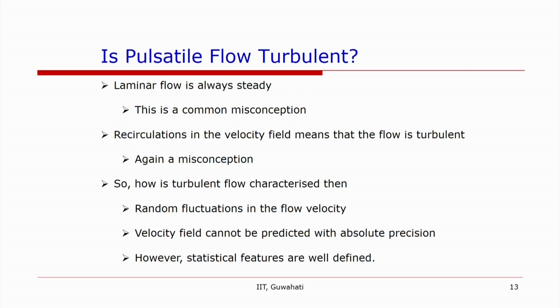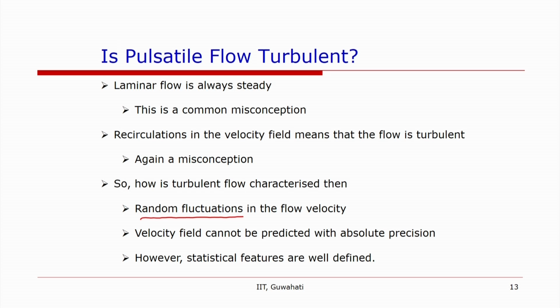Turbulence is defined by random fluctuations in the flow velocity. The key here is that the fluctuations are random. They don't follow any pattern. The fluctuations in the velocity and consequently in the pressure are random.